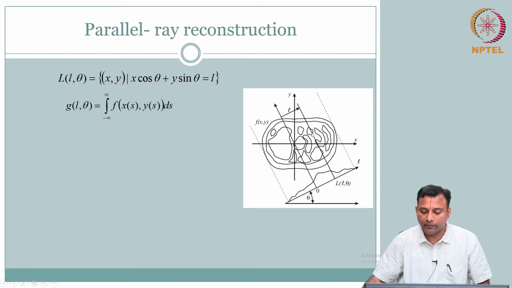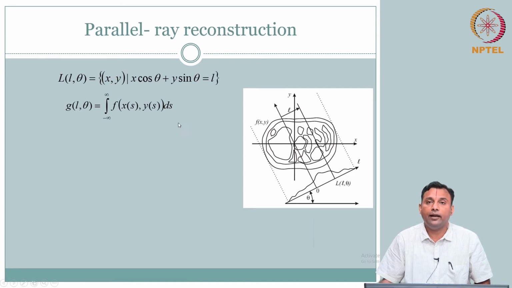So your g of l comma theta is nothing but the sum along this line, that is this value. So g of l comma theta, which is your projection, is the sum along the line segment. Okay, clear. So this is our line integral that we covered.